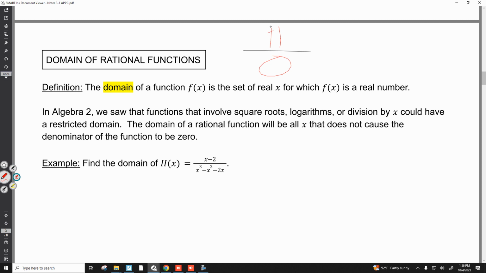A number divided by 0 is undefined. We don't get a value. If you ever get a 0 in the denominator, you don't have a point. 0 divided by 0 as well is not defined. If you plug 0 divided by 0 into your calculator, it's going to say I can't divide by 0. So when I'm asking you what's the domain of a rational function, I'm asking you, where are there missing points?